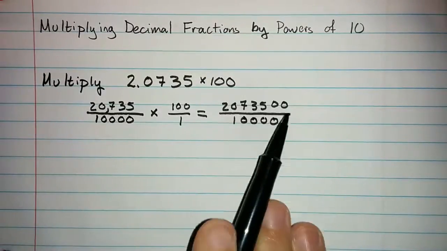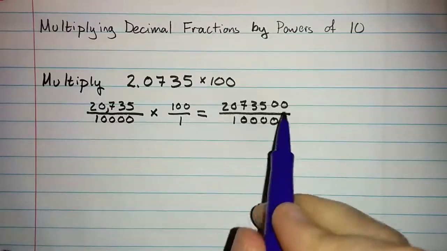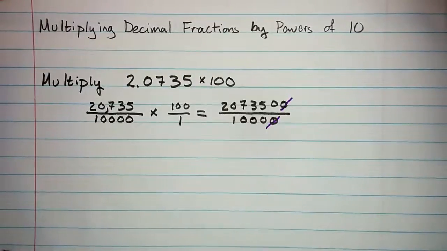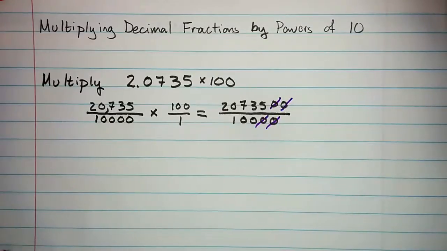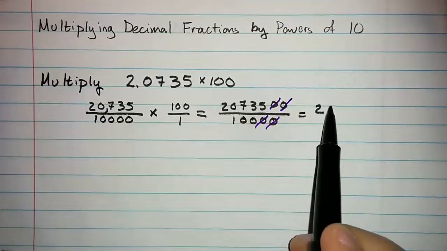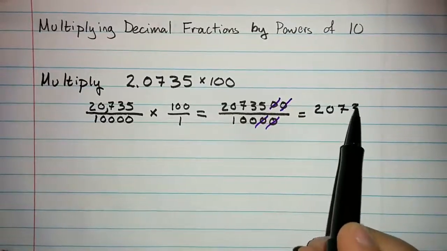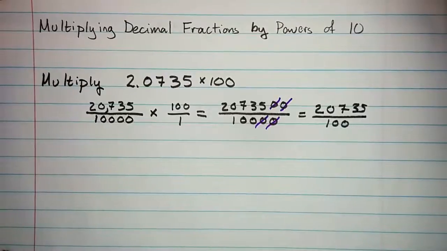Oh, but now we see that we can simplify this fraction, can't we? We can cancel one factor of 10 and another factor of 10. So in fact, this is 20735 over 100.